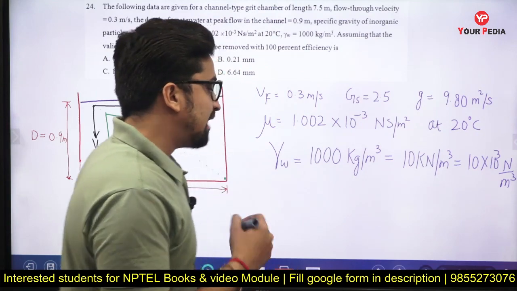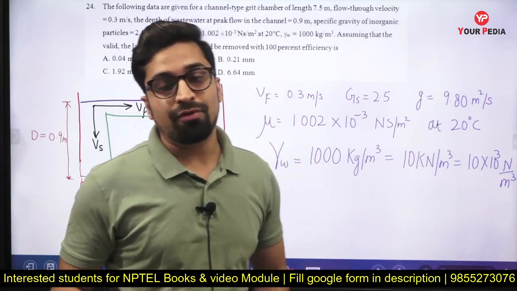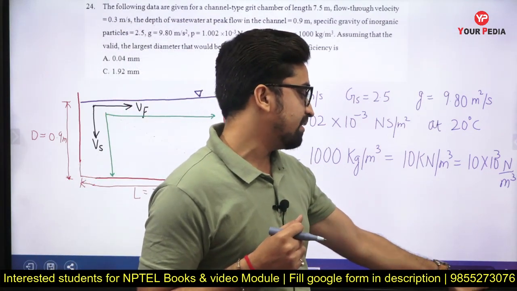They are asking you to find, for 100% efficiency, what will be the diameter of the particle which can be removed, right? So let us start our question like this.